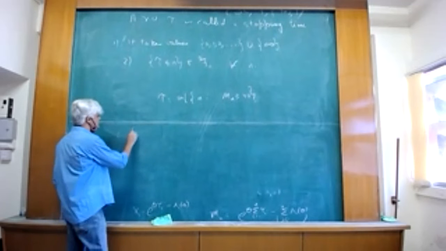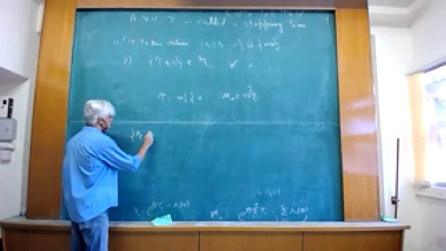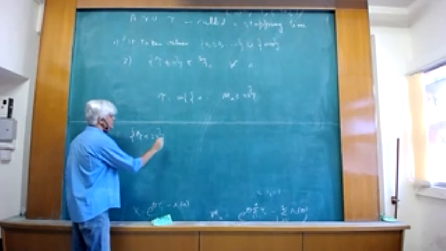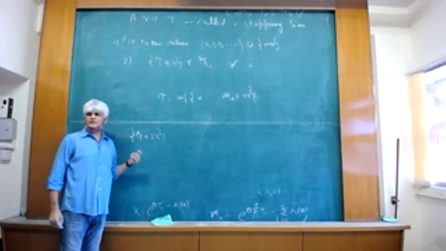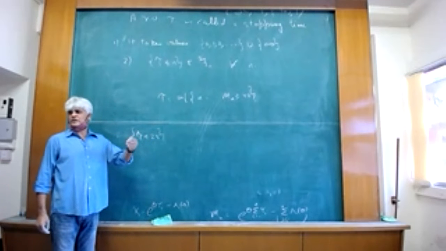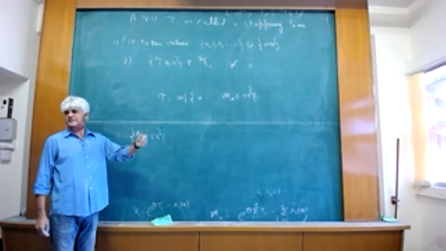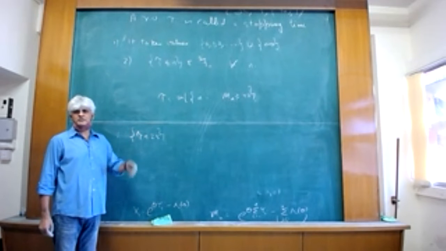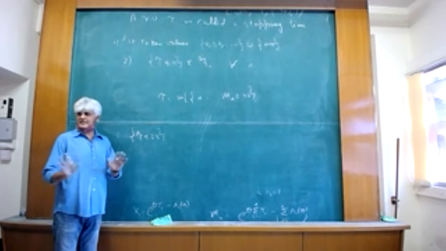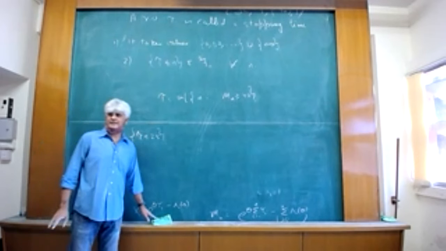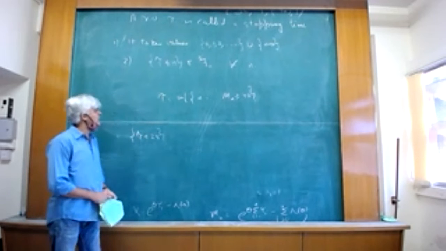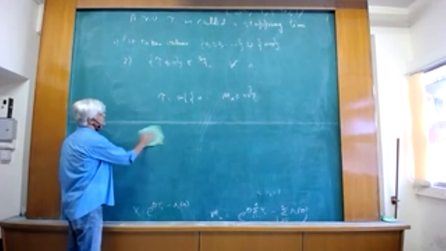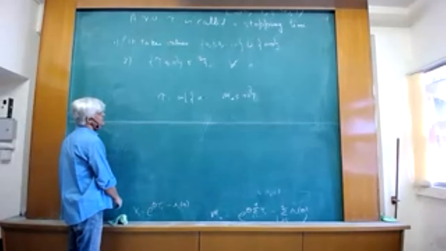If I look at the set tau less than or equal to 25, I can write it down as a function of M1, M2 to M25. So it will be in F25, where F25 is M1 to M25 measurable. I'm being a little bit ambiguous right now, but you get the idea. So this is an example of a stopping time.